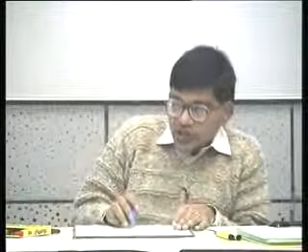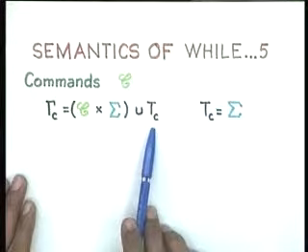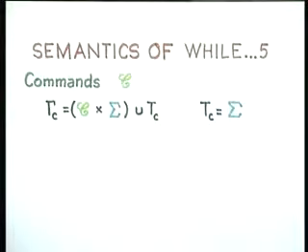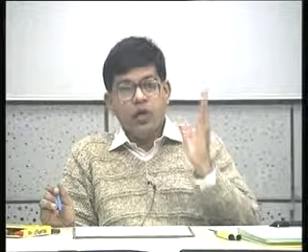right. So your terminal configurations here are just the collection of possible states. So at the end of executing a program, all you have is a single state, which is you can look at all the variable value bindings.